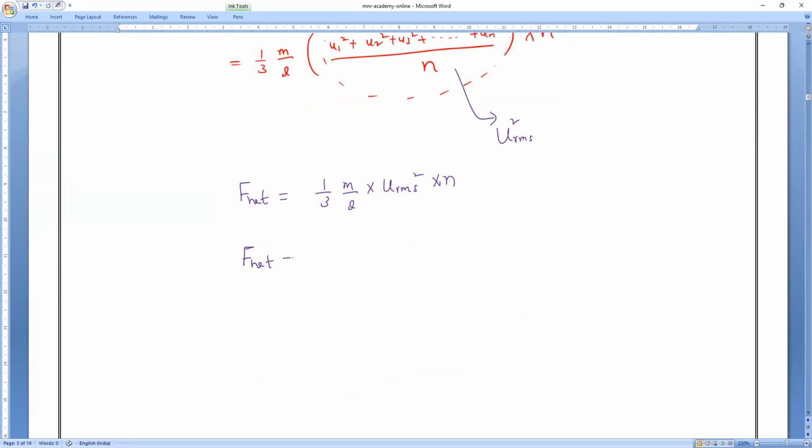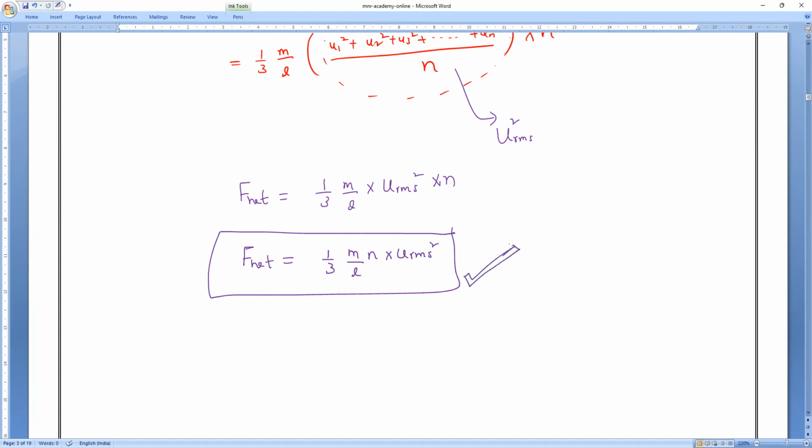So F net is equal to, we got it, 1 by 3 into m by L. This n I will bring first into u rms square. Any problem for anybody till here? Ask me, or else finish it up to here. Any doubt? This is the total net force. Is it okay, guys?